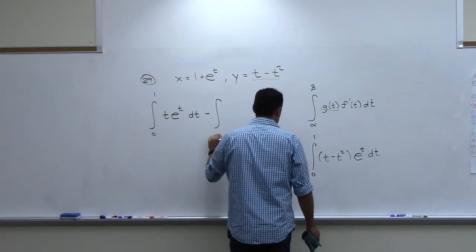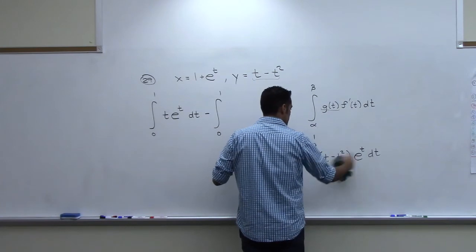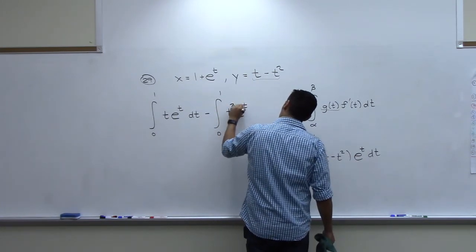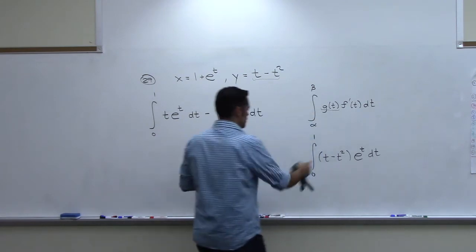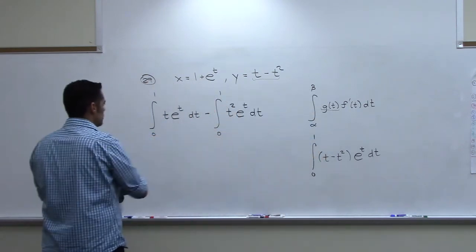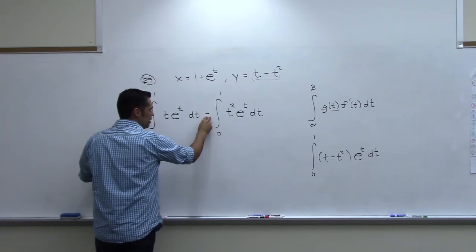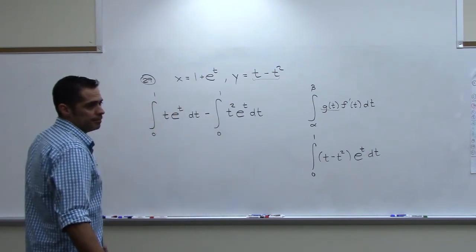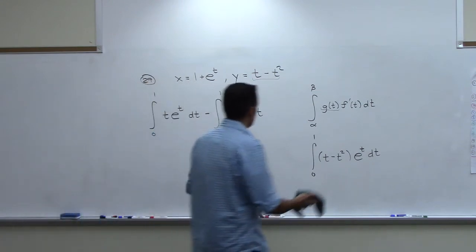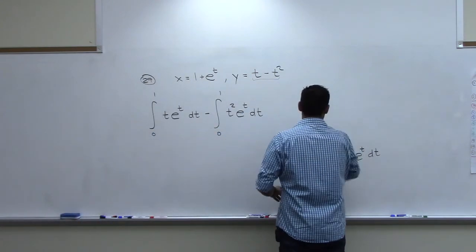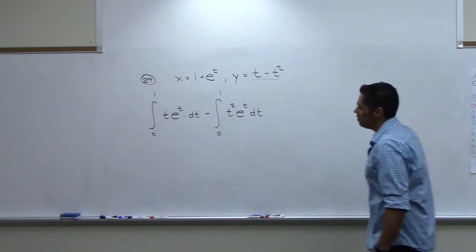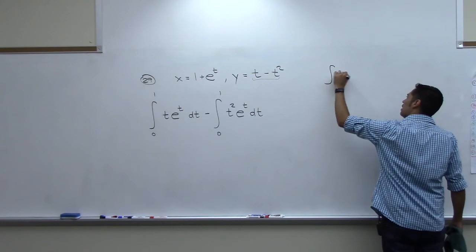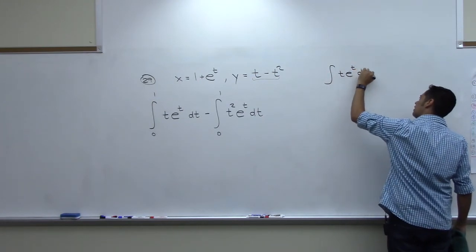So I'm going to break this up into 2 integrals after distributing the e to the t through both of these. Distribute the e to the t through, break it into 2 integrals. The minus sign was right here. And then integration by parts on both of these. Let me do that first integral: what is the integral of t e to the t dt?